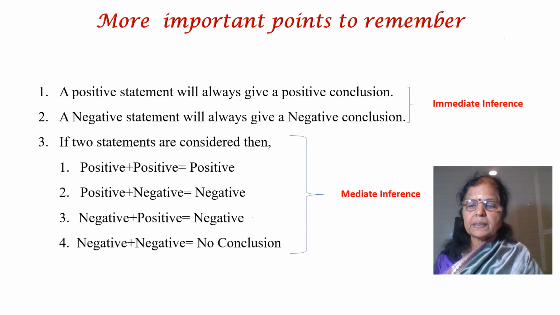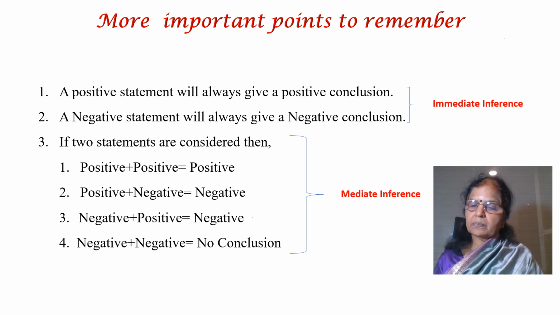See, these are some of the important points you should remember while doing the syllogism problem. What are they? A positive statement will always give a positive conclusion. Suppose they give one statement and one conclusion.